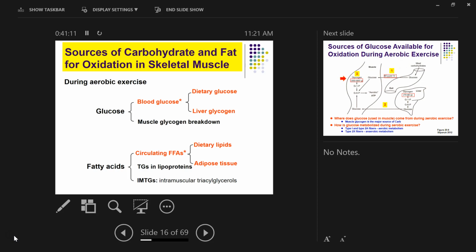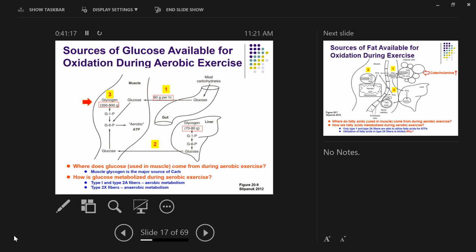So we have two diagrams to show you a better idea of how the sources of glucose contribute to energy production in the muscle during exercise. So here is the glucose. We highlight three different sources of glucose for muscle energy use.